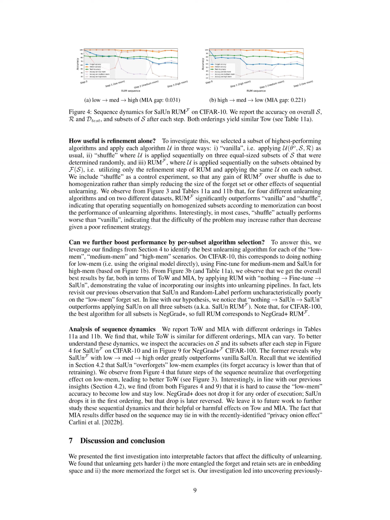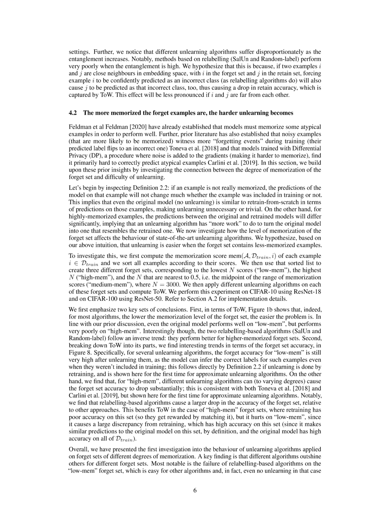The experiments showed that applying RUM-F, where the unlearning algorithm is sequentially applied on homogeneous subsets determined by memorization scores, significantly outperformed both the vanilla approach, applying the unlearning algorithm once on the entire forget set, and the shuffle approach, applying the unlearning algorithm on randomly determined subsets. This indicates that operating sequentially on homogenized subsets based on memorization scores can enhance the performance of unlearning algorithms.